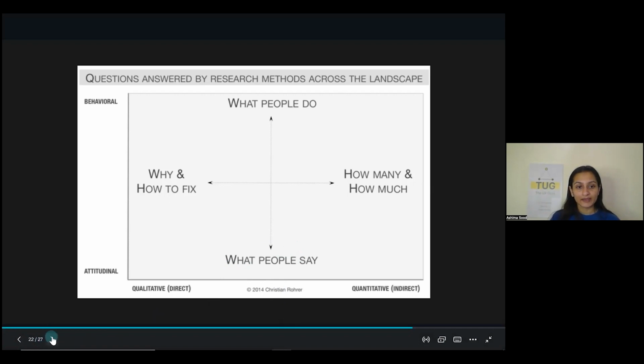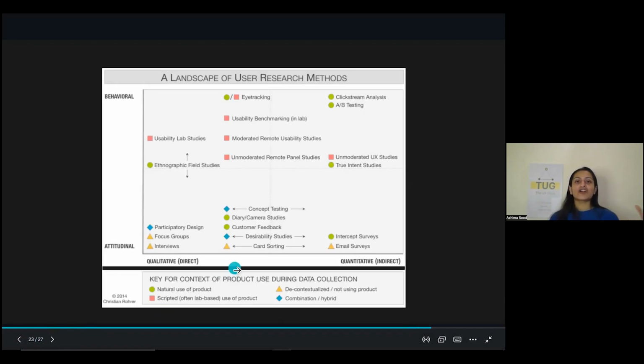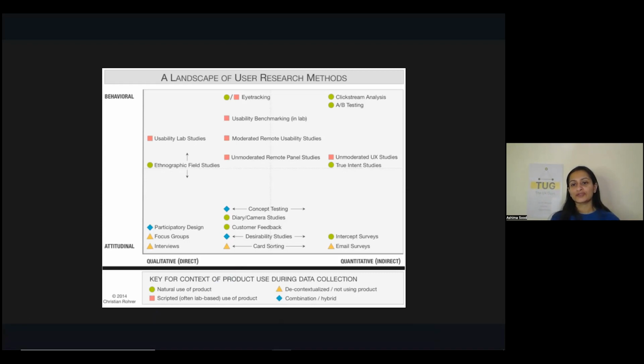So keeping this in mind, let's talk about the few research methods that we talked about. For example, eye tracking is purely behavioral, and it could fall into either qualitative or quantitative, depending on the way you modulate their tasks and what you're trying to study. With usability benchmarking, again, it's more behavioral. You're trying to understand what works better. Is it your product's version A versus your product's version B?